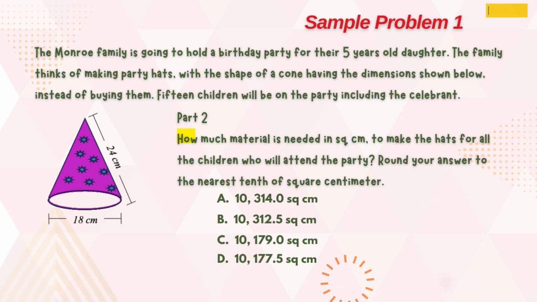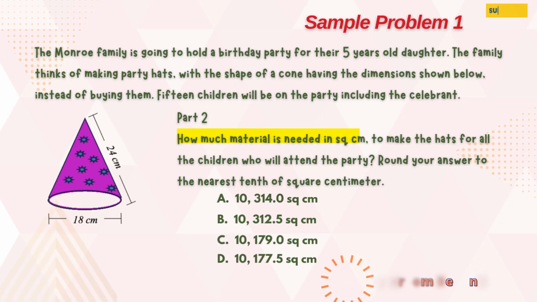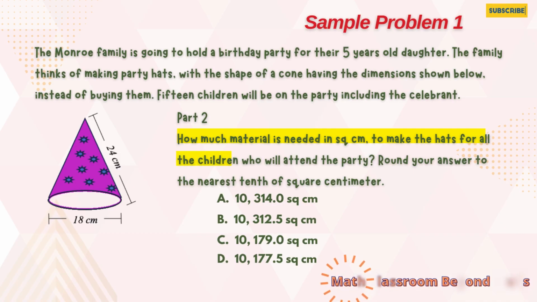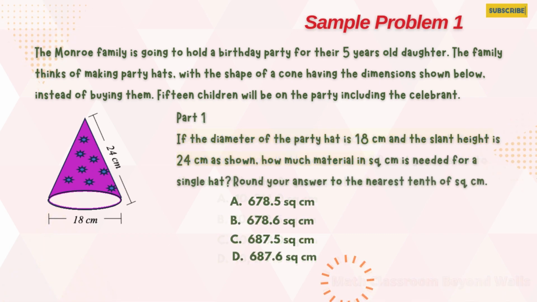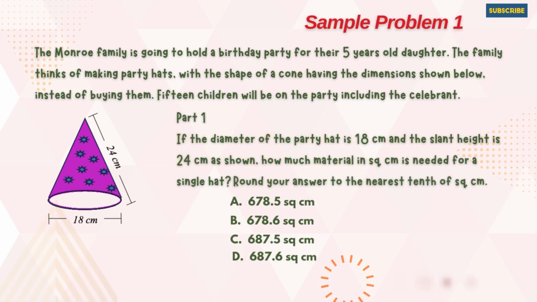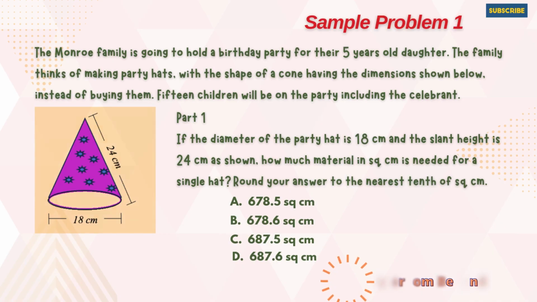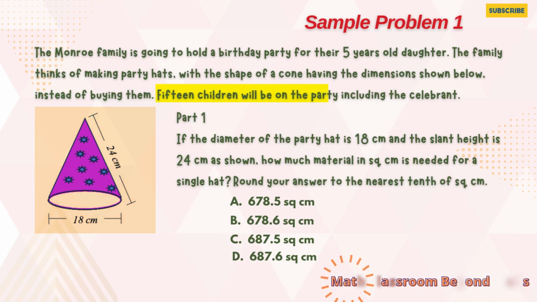Second, we're to determine how much material is needed in square centimeters to make the hats for all the children who will attend the party. What are given? We're given the figure of the party hat with dimensions.